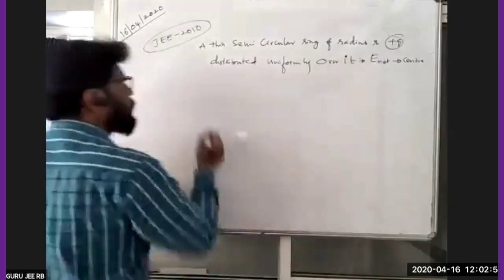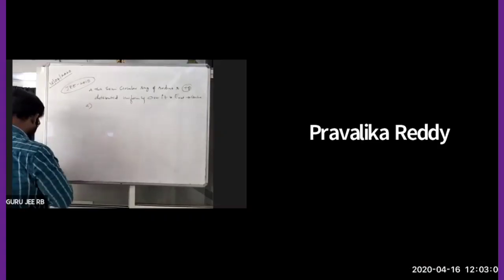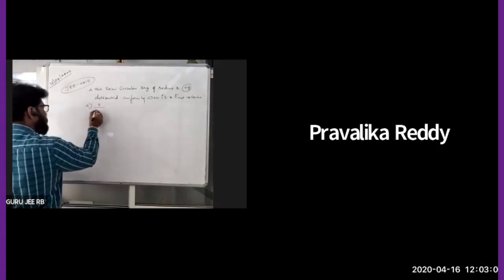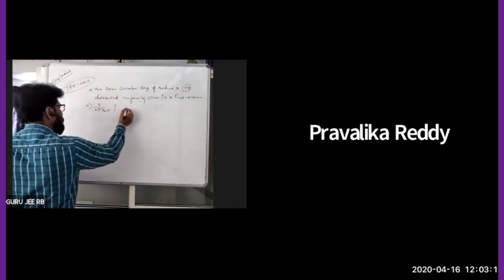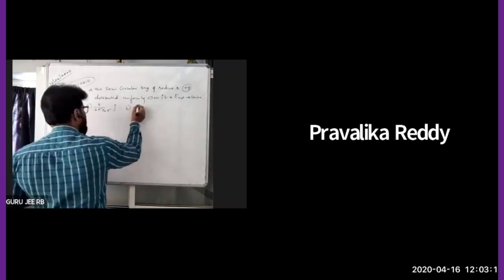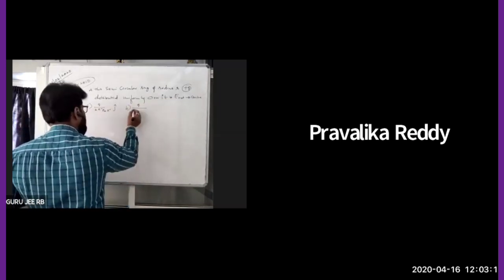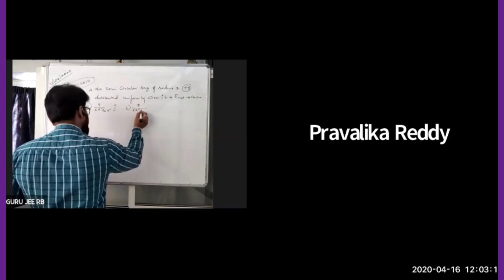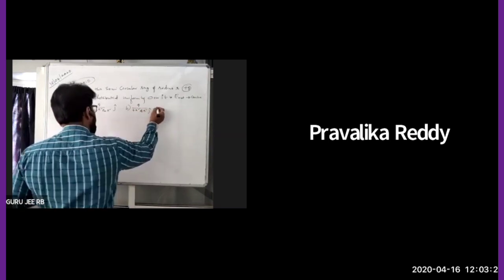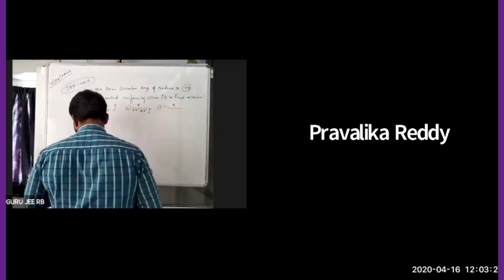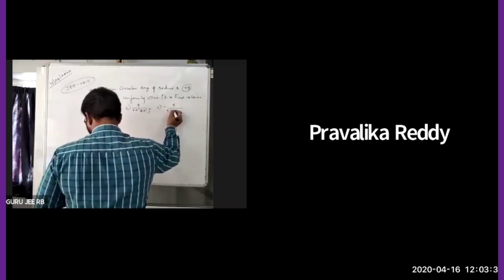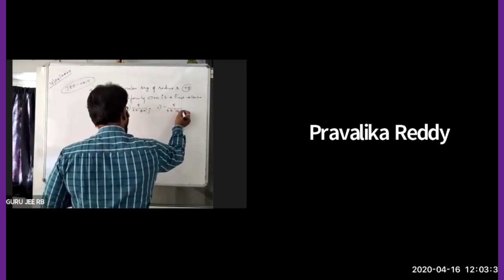Options are given. Option A: Q by 2 pi square epsilon naught r square j cap. Option B: Q by 4 pi square epsilon naught r square j cap. Option C: minus Q by 4 pi square epsilon naught r square j cap.